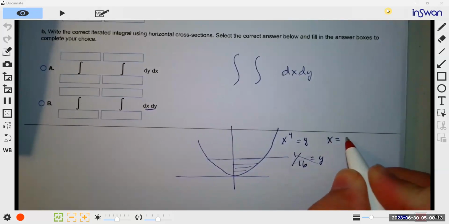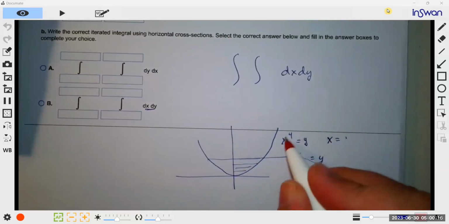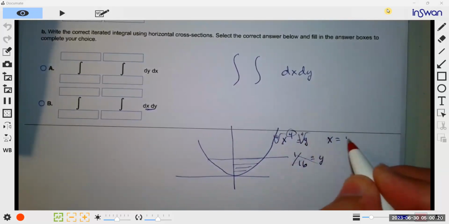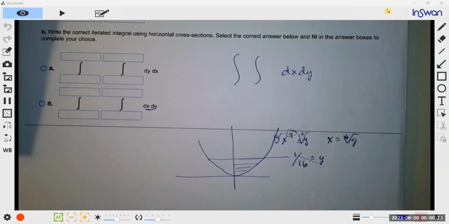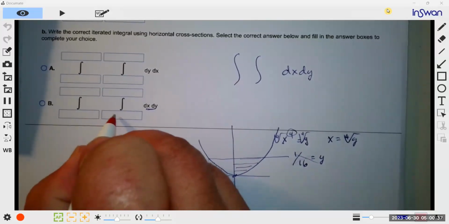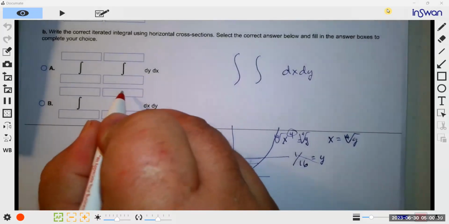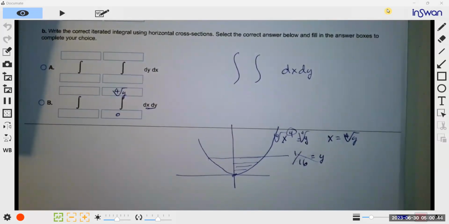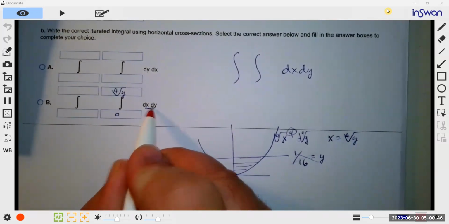So right now we have x is equal to, get rid of this, we have to do the fourth root. The fourth root of y. All right, so it starts here and it goes to the fourth root of y. Starts at 0, goes to the fourth root of y. Now with respect to y, how far does it go?